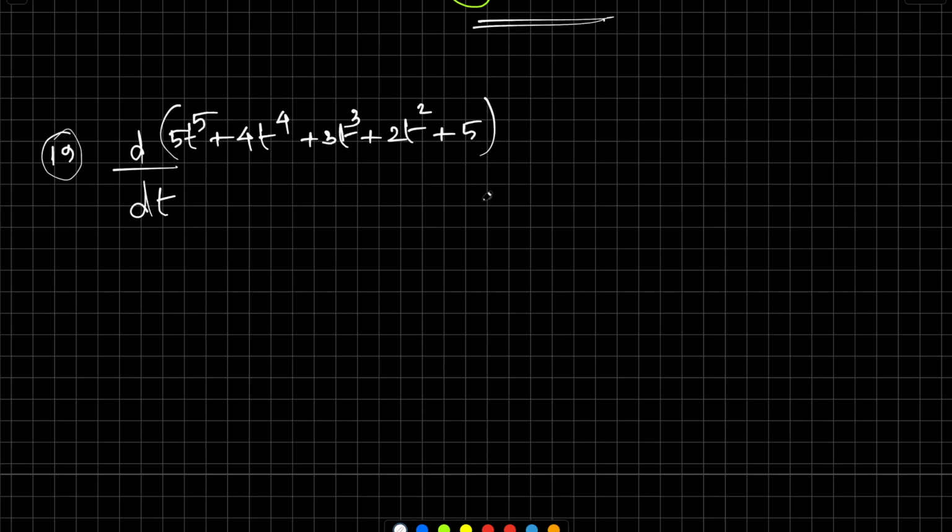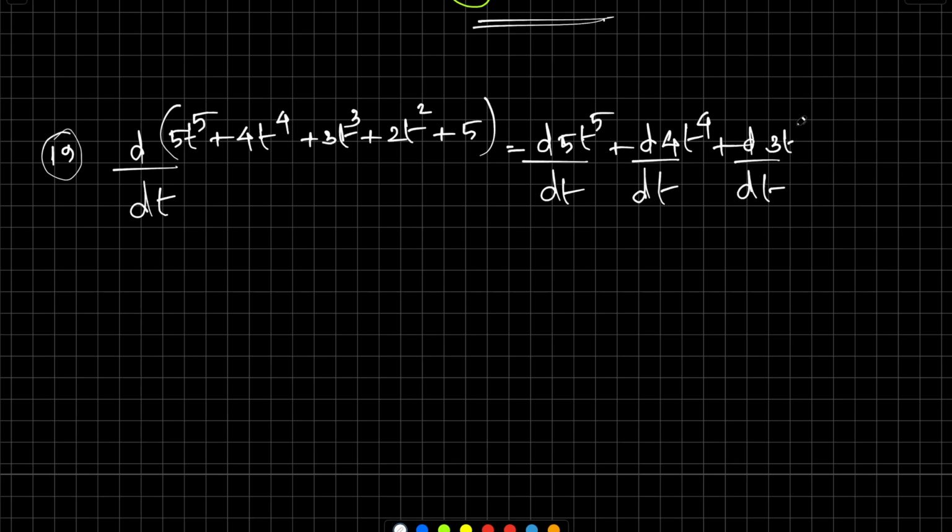Okay, split the terms. d by dt of 5t to the power of 5 plus d by dt of 4t to the power of 4 plus d by dt of 3t cube plus d by dt of 2t square plus d by dt of 5.